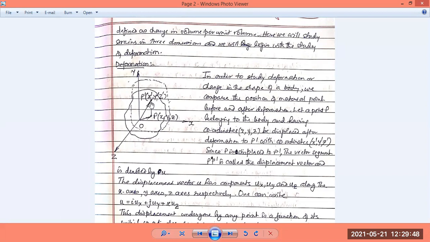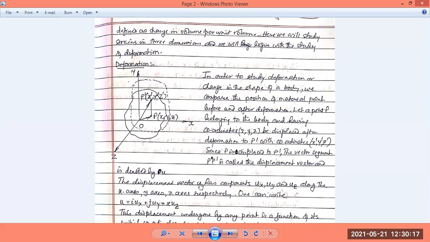But vectors are not the same in all directions. They may have the same length, but as per their direction they are different. So here we are saying that the displacement from P to P dash is in a definite direction. It is a vector, defined as the displacement vector and denoted by u.